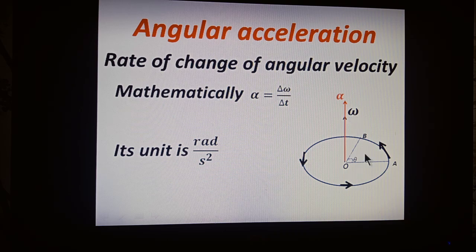On the other hand, if the body is rotating anti-clockwise but its speed is decreasing, then alpha and omega will be directed opposite, then alpha will be directed downward. So positive angular acceleration will be in the direction of angular velocity, and negative angular acceleration will be opposite to the direction of angular velocity. So these are the terms that we use in case of circular motion.